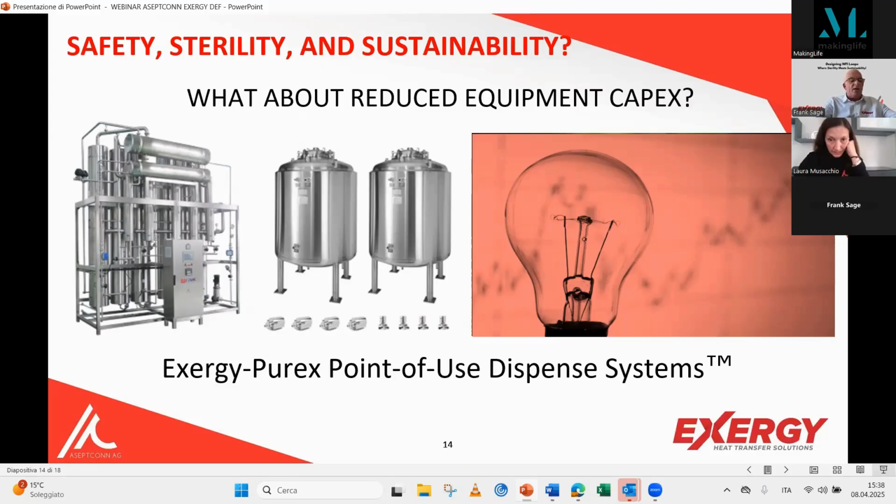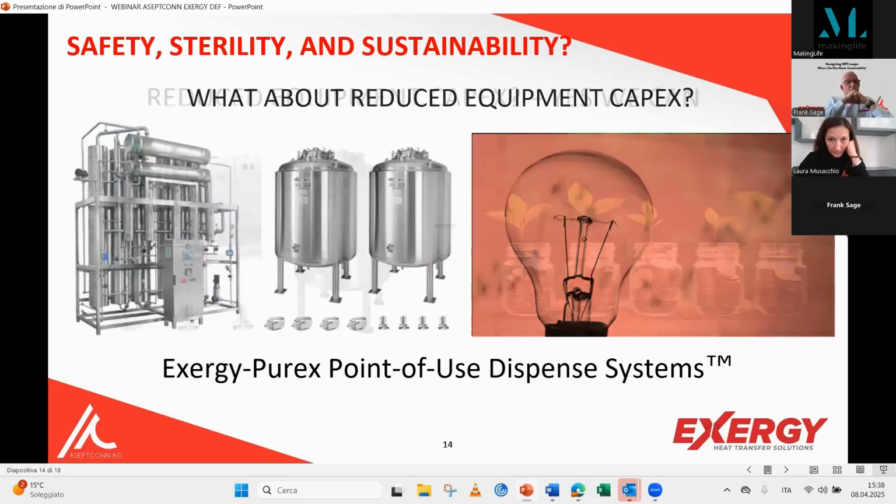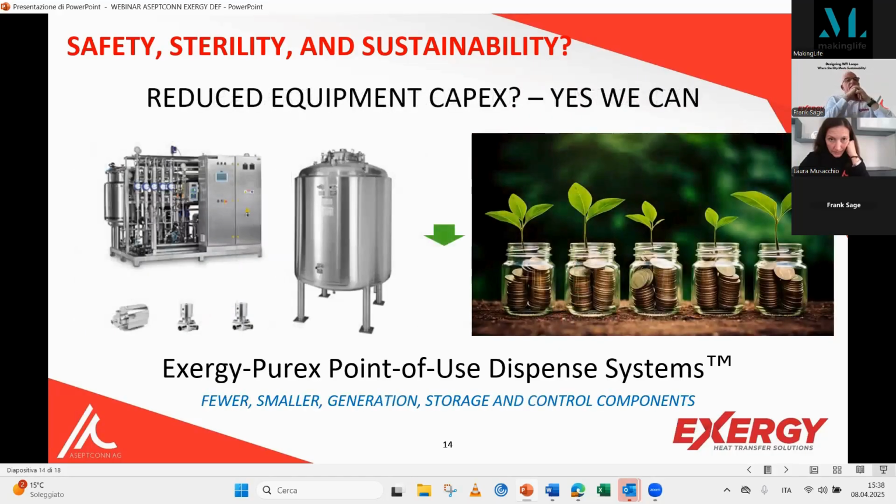We eliminate the waste, and eliminating that waste not only downsizes the generation, but it downsizes the storage, it downsizes the number of components, it downsizes the diameter of the distribution loop itself.